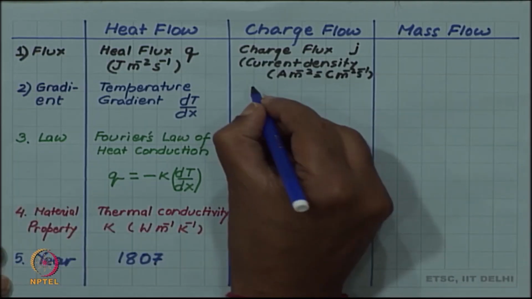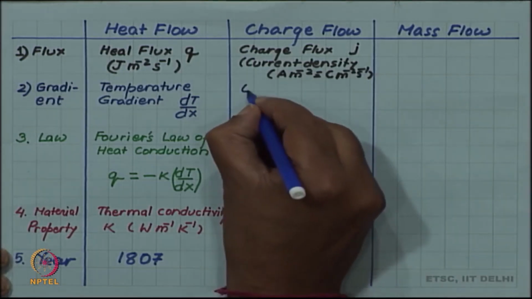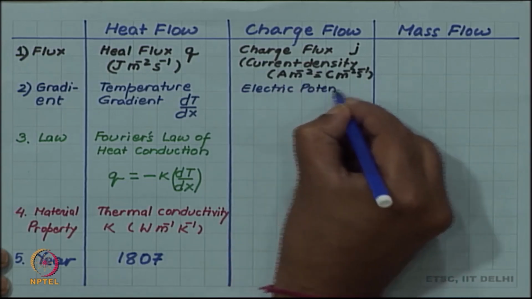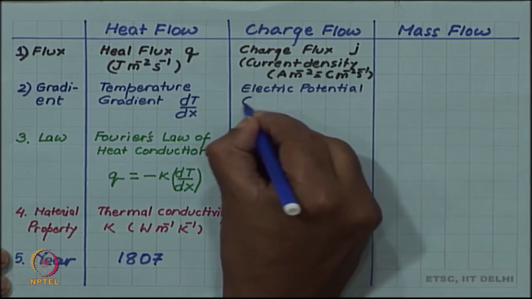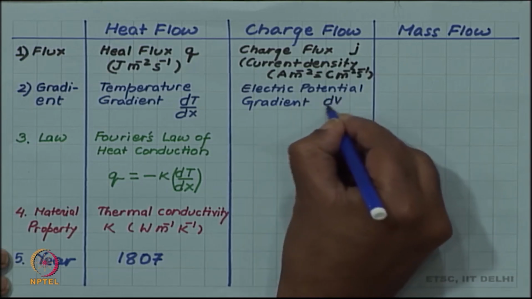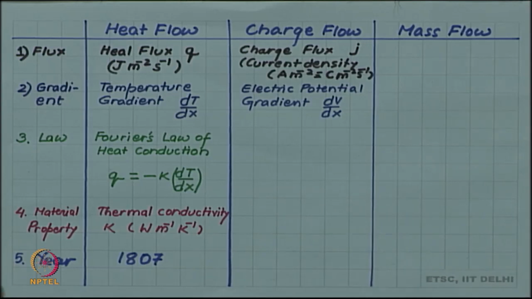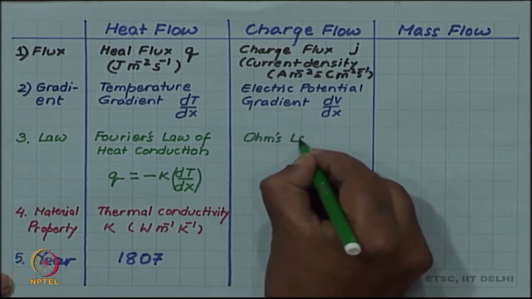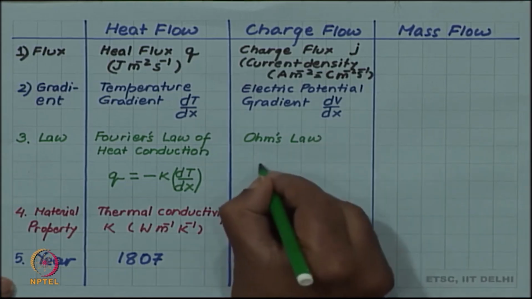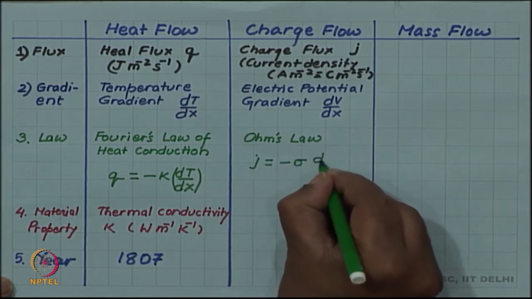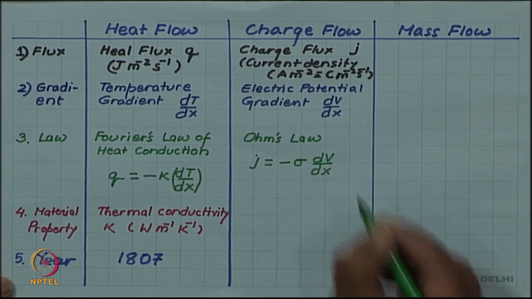Charge will flow only if there is a potential gradient, an electric potential gradient dV by dx, and the law connecting them is the well known Ohm's law, which we can write as J is equal to minus sigma dV by dx.